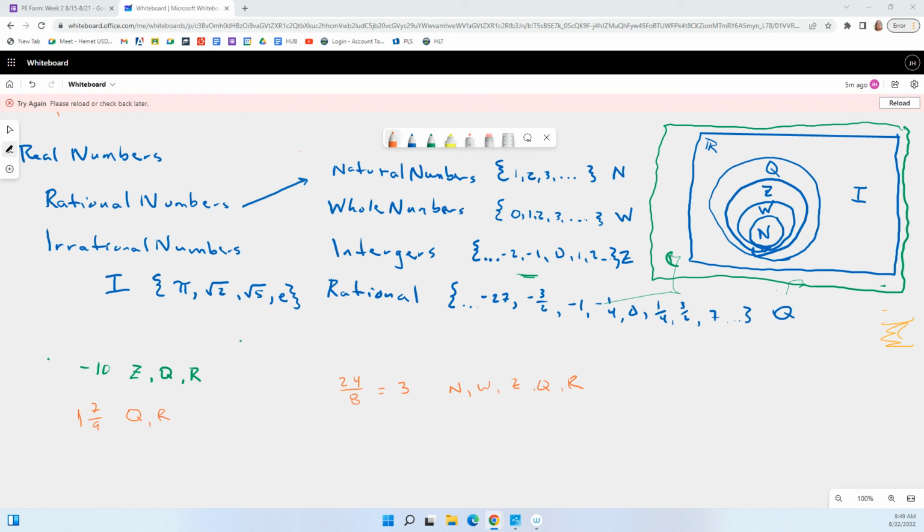The smallest thing it could be is a rational number. It's a fraction, it's not a whole number, and everything else is a whole number. So we have to start at Q. The only two things it could be would be Q and R. Does that make some sense?